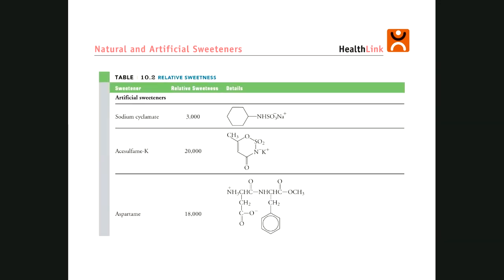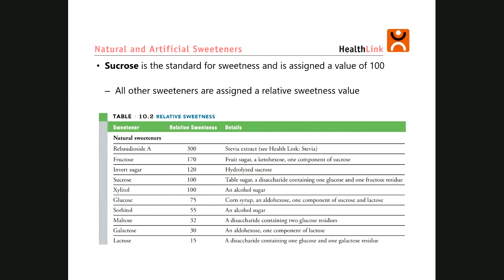All right. And then, of course, there are the artificial sweeteners, which are man-made, laboratory concocted products. Some of them are shown here. Again, the relative sweetness is compared with sucrose. If we go back one slide, you'll notice these stevia glycosides are about 3 times as sweet as sucrose.